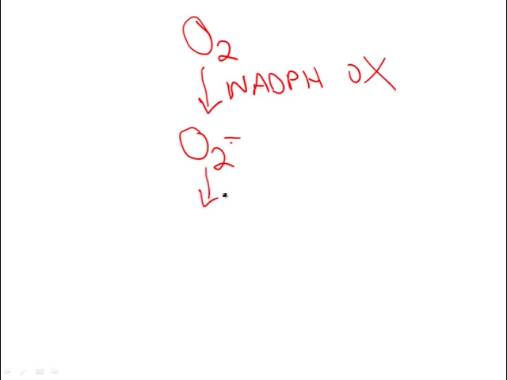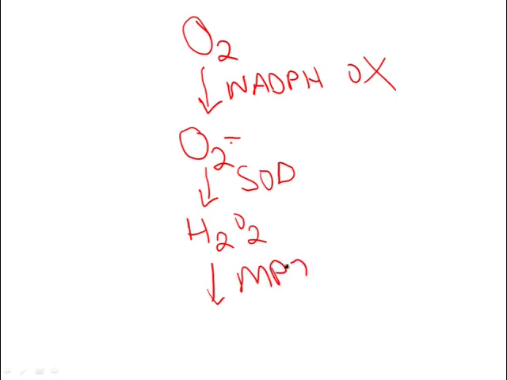Very quickly, in an almost instantaneous reaction, superoxide will be taken by superoxide dismutase, an enzyme that we've already covered, and superoxide dismutase will convert this superoxide into hydrogen peroxide. And then hydrogen peroxide will be grabbed by myeloperoxidase, MPO, and converted to bleach, which is basically HOCl.